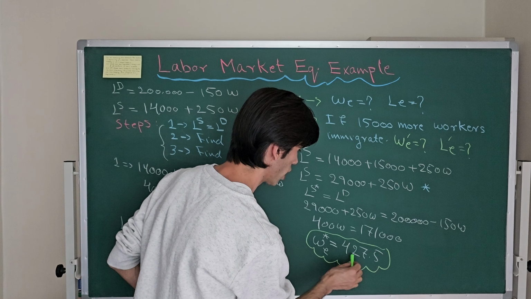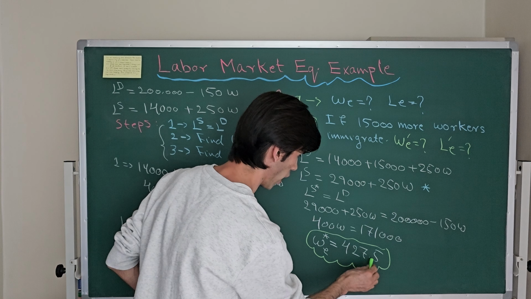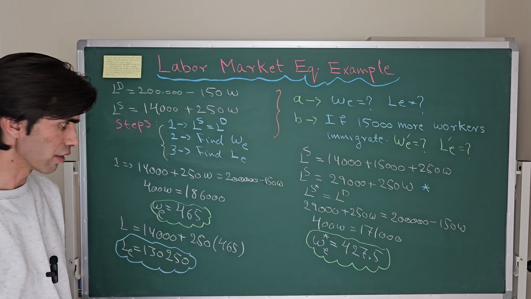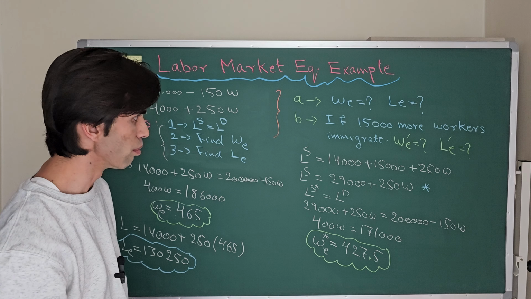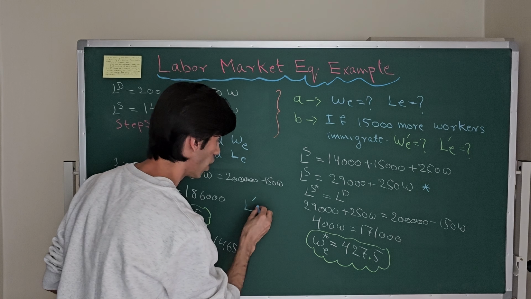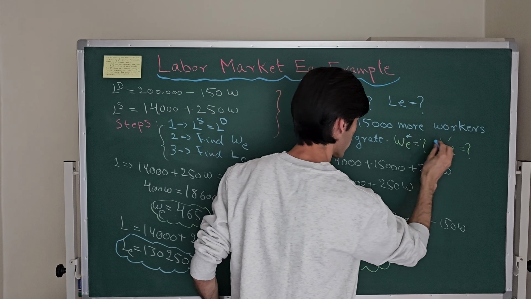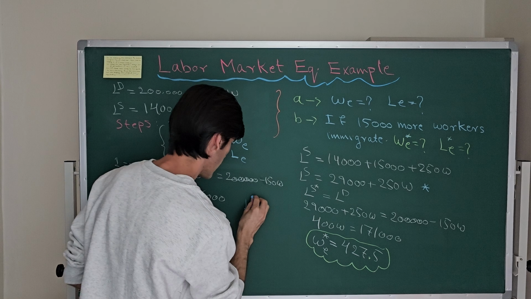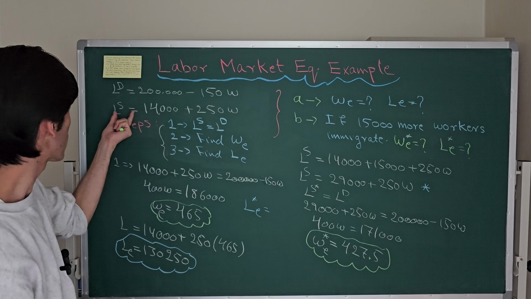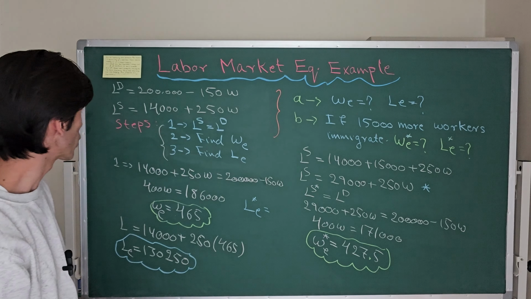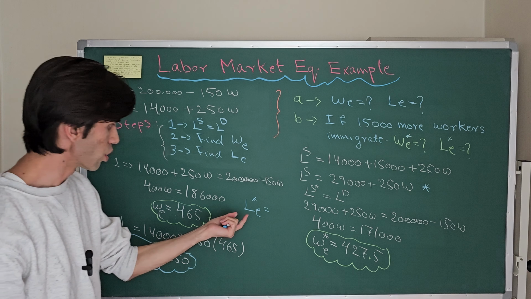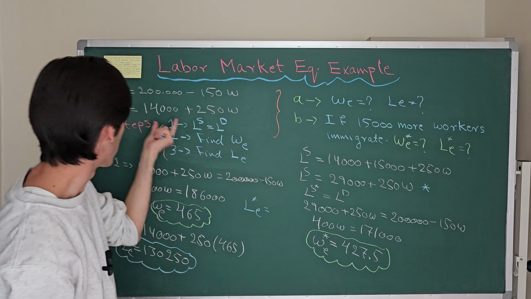So the new market equilibrium or market clearing wage will be equal to the new value of WE star. This is the new market clearing wage. In order to find the new market equilibrium quantity, LE star, we can plug this value into either the labor supply or labor demand, and we will find the new equilibrium quantity. So plug this number into one of them.